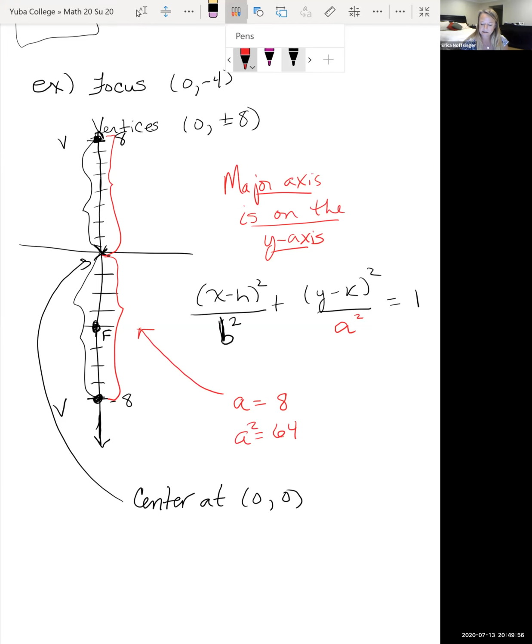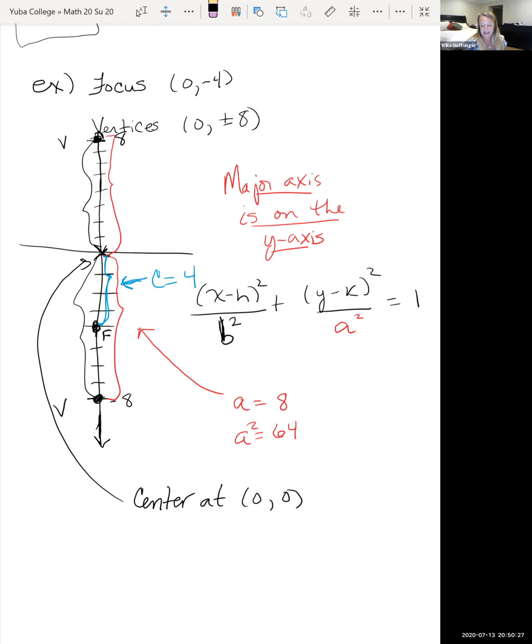C is the distance between the center and the focus. And so if I look at this, we were given that one of the foci was at 0, -4. And so we know that this distance here is my C value, and so C must equal 4. So we're almost there. We need to figure out what B is.